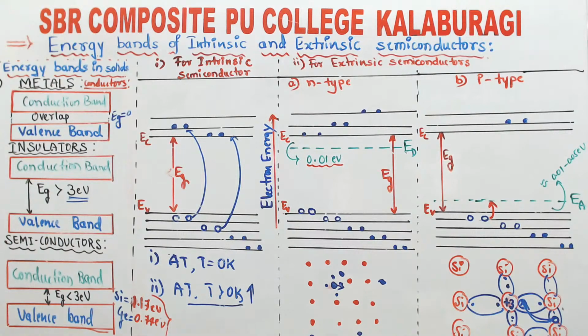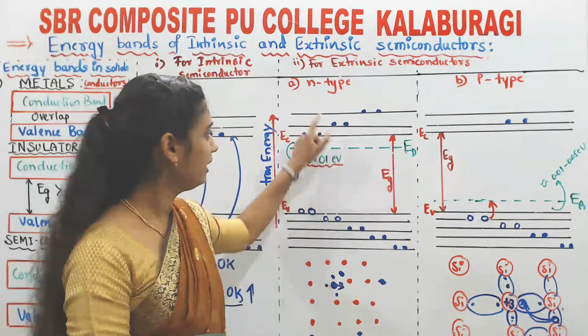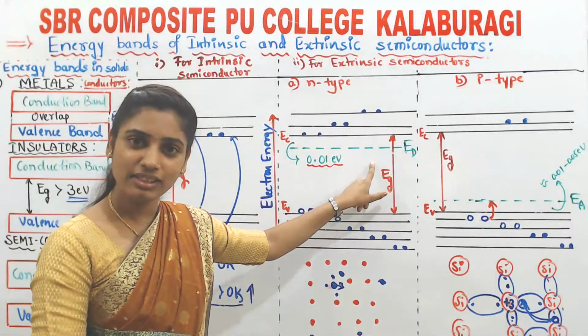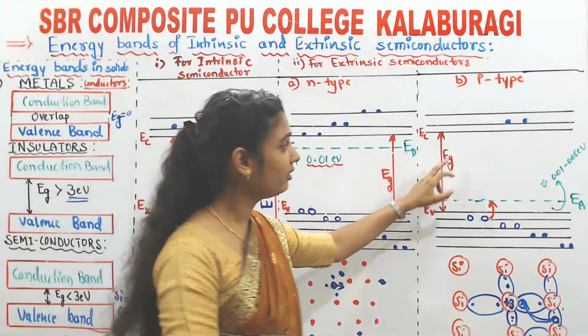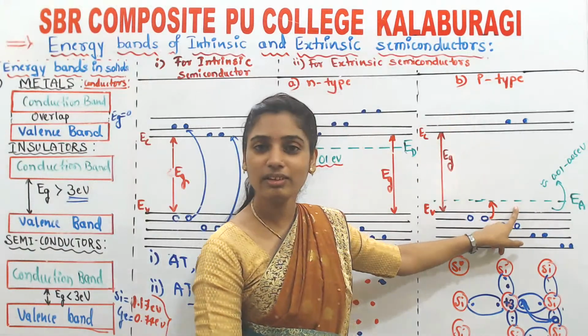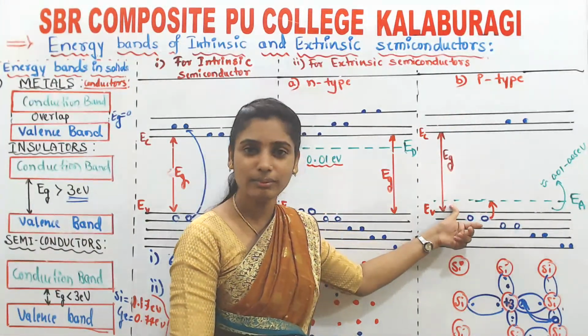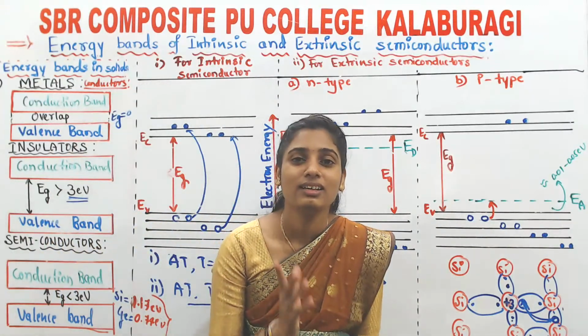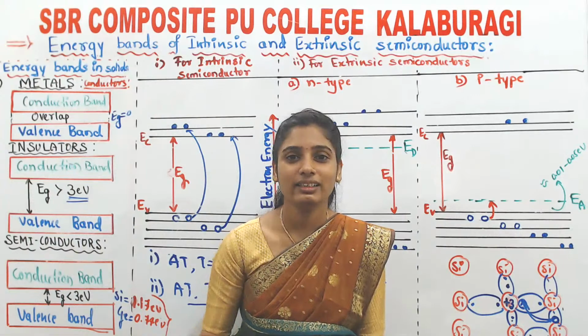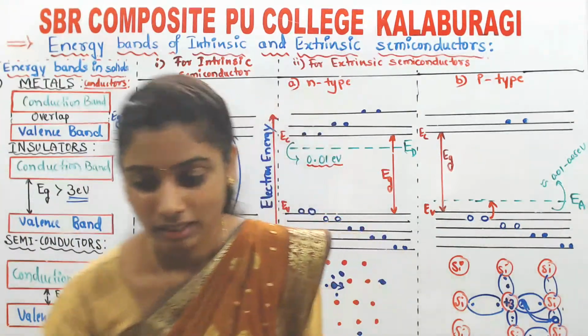Here in n-type, the additional energy level will be lying below the conduction band, and here in p-type the additional energy level will be lying above the valence band. And now we will move to the difference between the intrinsic semiconductors and extrinsic semiconductors.